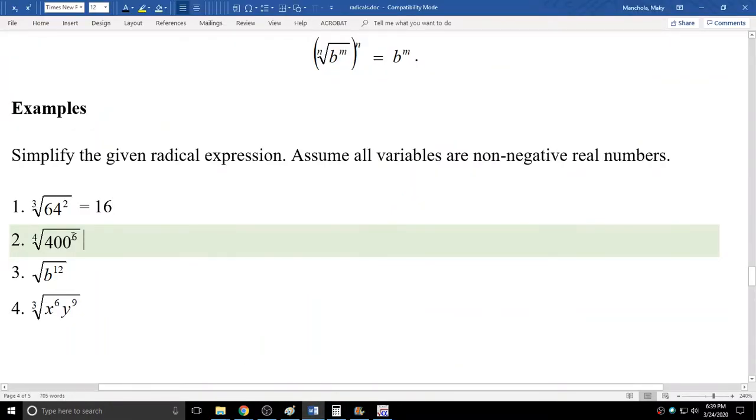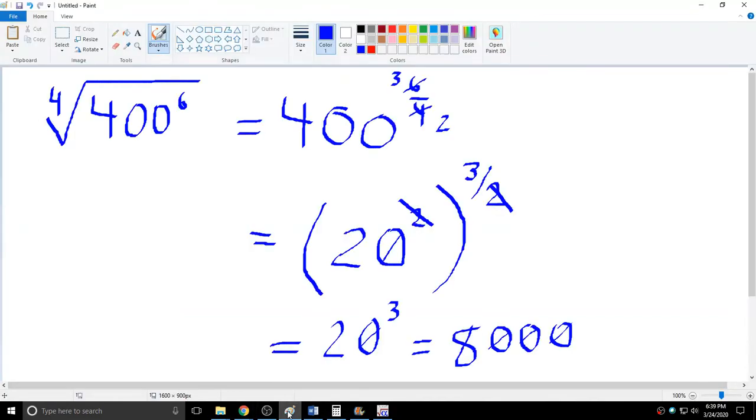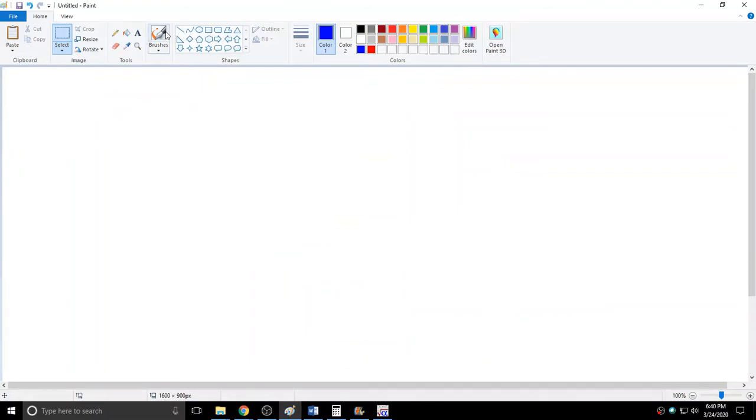Okay, next, we want to simplify the square root of b to the power 12. Recall that when you have a square root, that means the second root. So I'm going to write square root of b to the 12. But I know that that means the second root of b to the 12.